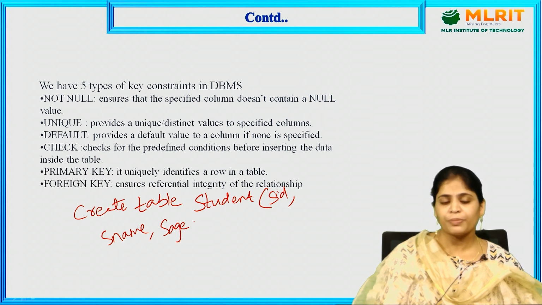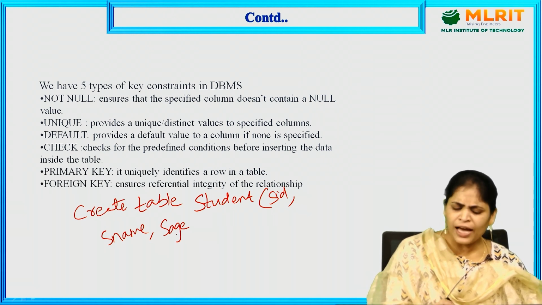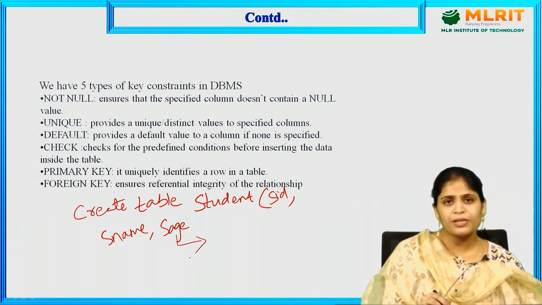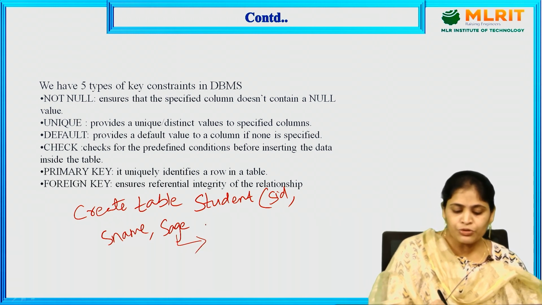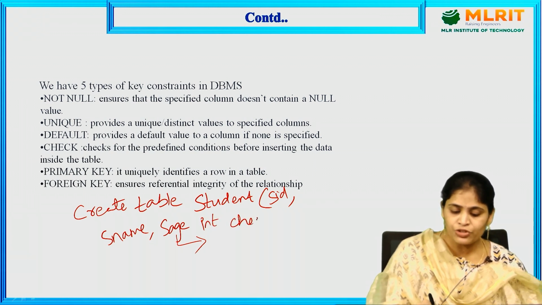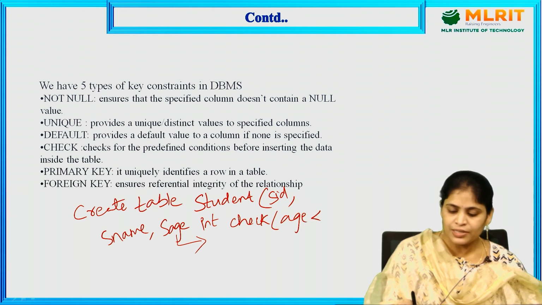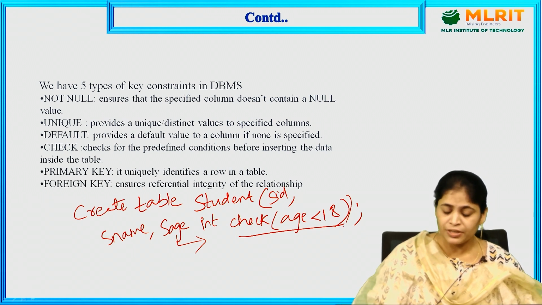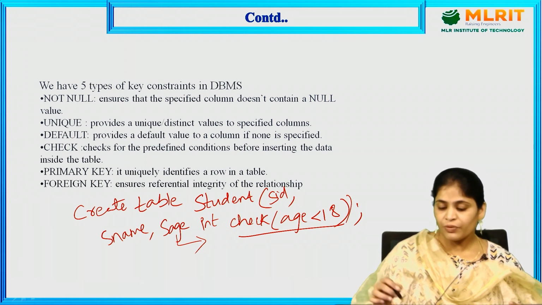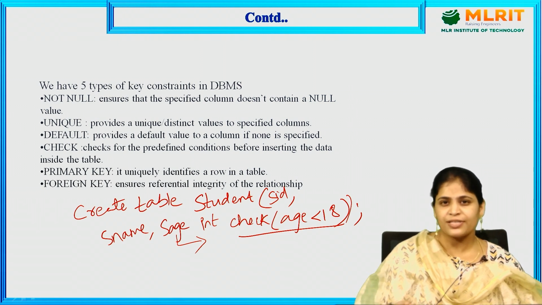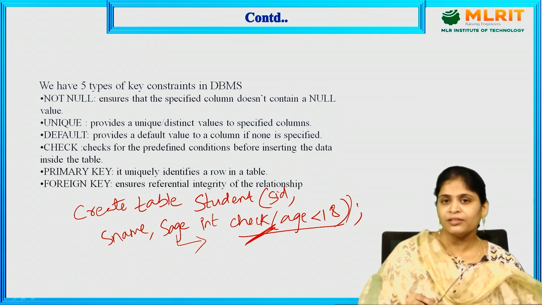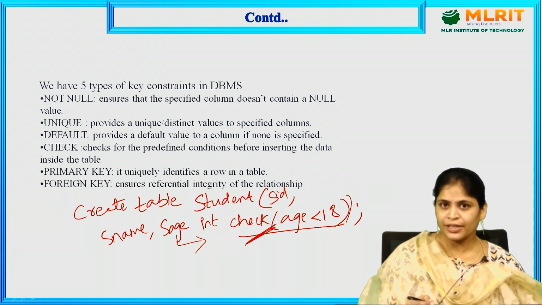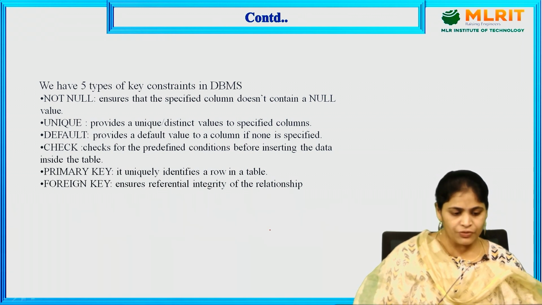For example, I am taking the age constraint must be less than 18. So here I represent age, which is of integer data type, and here I check that age must be less than 18. In this manner I represent it. It will check whether I am inserting an age less than 18 or not. If I do not follow this constraint, then it will restrict entering the data into the database. That is the main purpose of the check constraint.